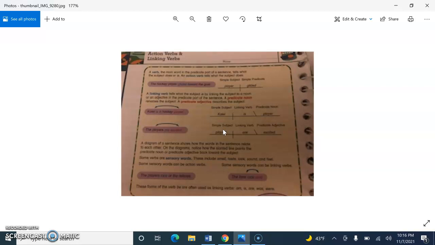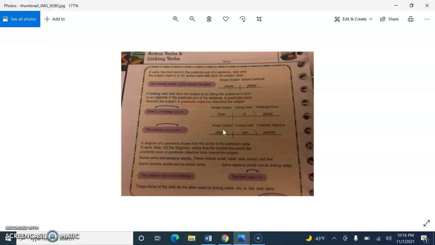So if we said the cake smells delicious, we know that a cake doesn't have a nose, it can't smell. So that means that smells in that sentence would be linking delicious back to cake. So the sensory words again are smell, taste, look, sound, and feel. And they can be used as linking verbs.